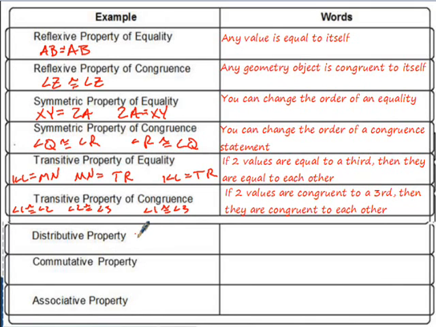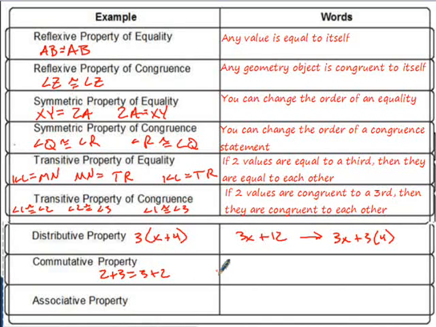The distributive property, this we know. This is old algebra 1 stuff. So like 3 times x plus 4 is the same as 3x plus 12, right? The step that we didn't write was 3 times x plus 3 times 4. We distribute that. The commutative property, this is where we say 2 plus 3 is the same as 3 plus 2, okay?